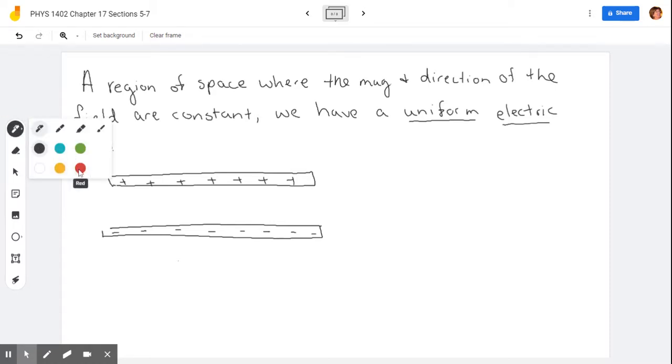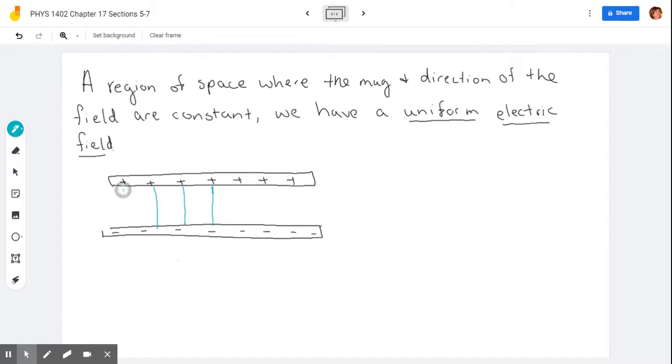Let's draw our electric field lines in blue. Then our electric field's going to point like this. And they're going to be nice and fairly uniform.